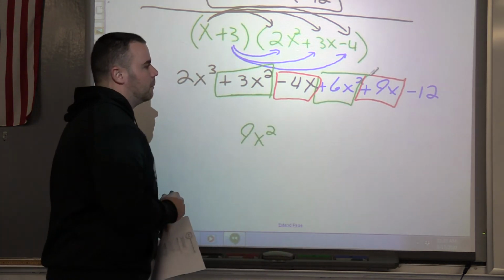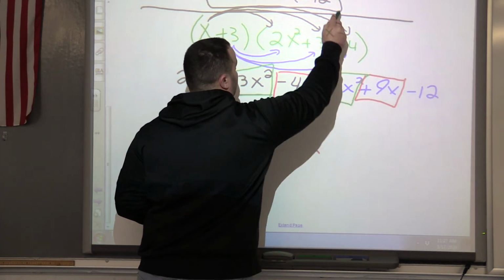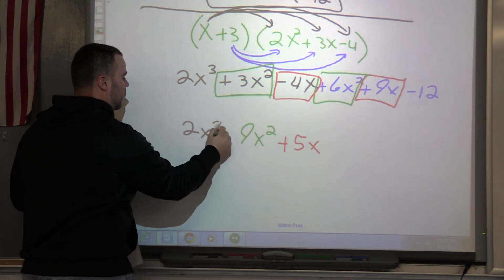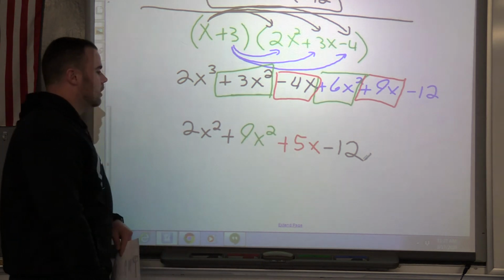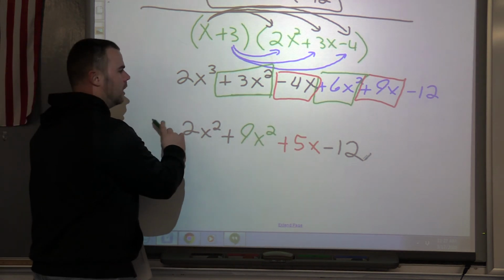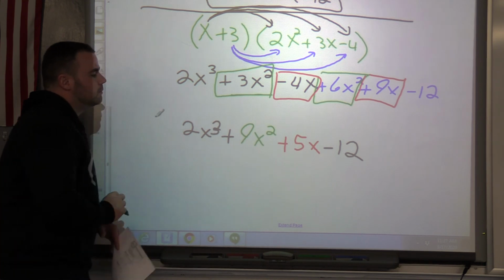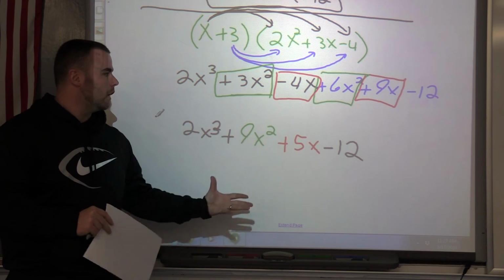Negative 4x and positive 9x is positive 5x, and everything else you can just bring down. So 2x cubed plus 9x squared plus 5x minus 12. That's my answer. That's all the work you have to do there.